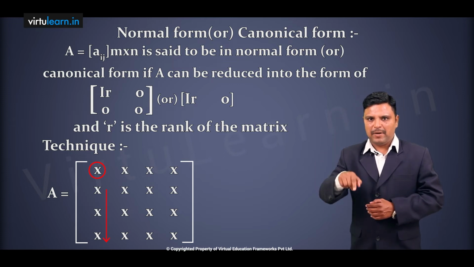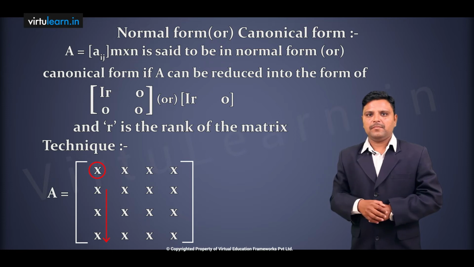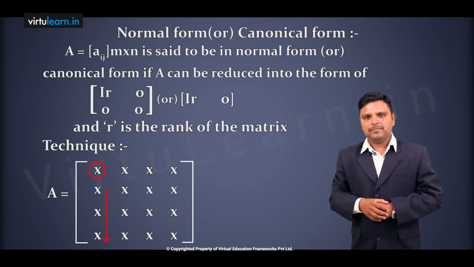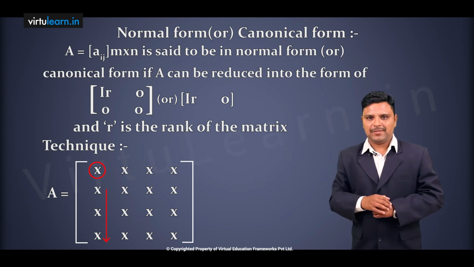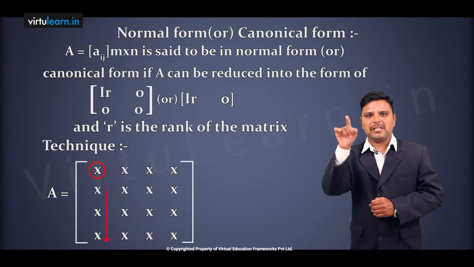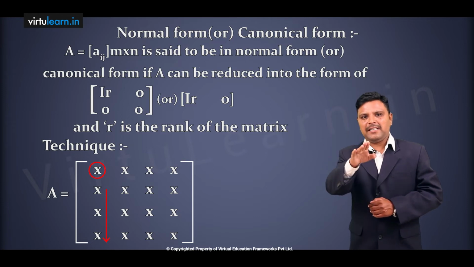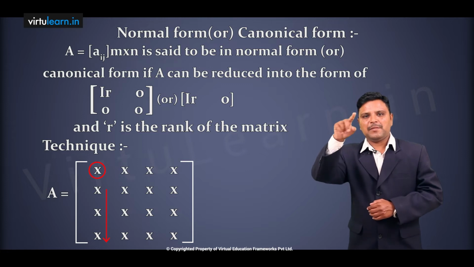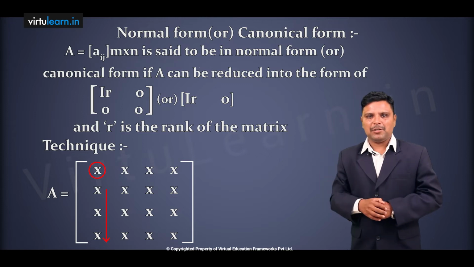I kept arrow marks 1, 2, 3. While converting these into 0, you should use row operations, only row operations. Using that element, R2 changes as R2 minus something, R3 changes as R3 minus something, like that. Means using the first principal diagonal element, make below elements zeros.